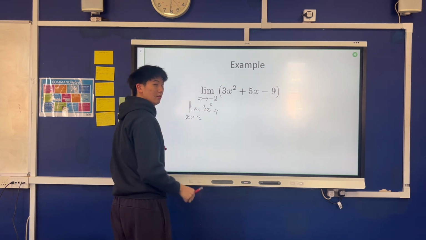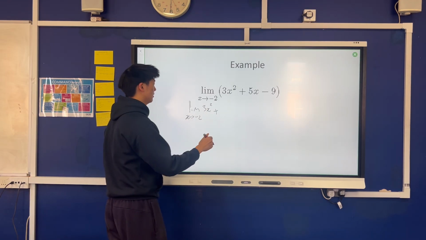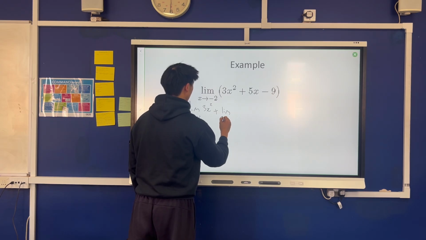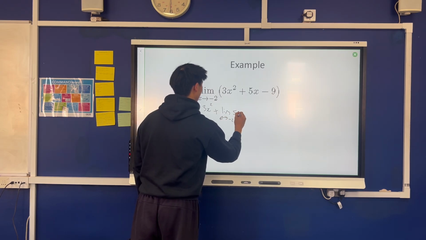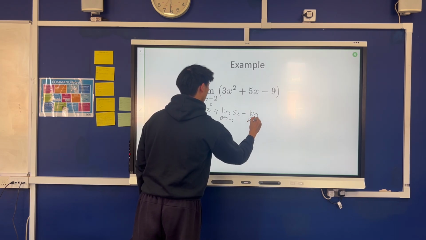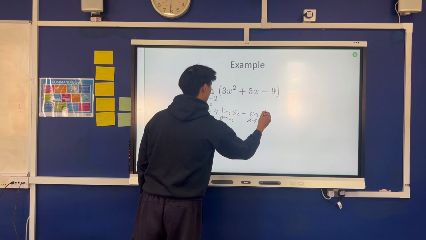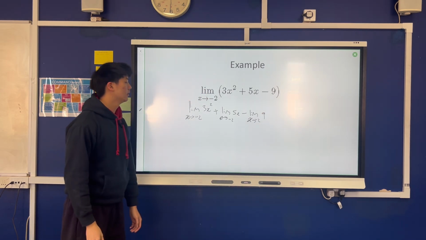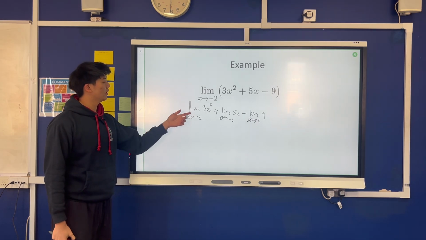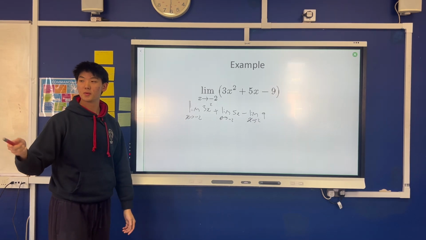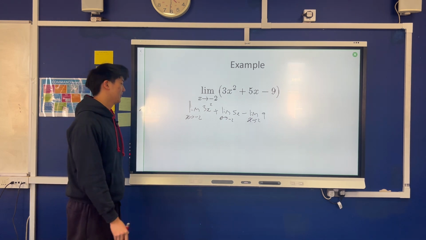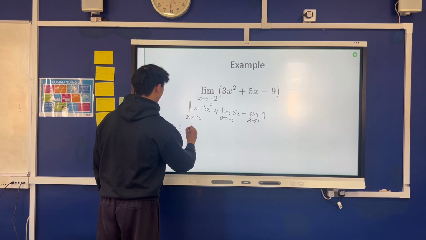So we've used the limit property of addition and subtraction. What can we do next? We can factor out the constant scalar, so we get 3.